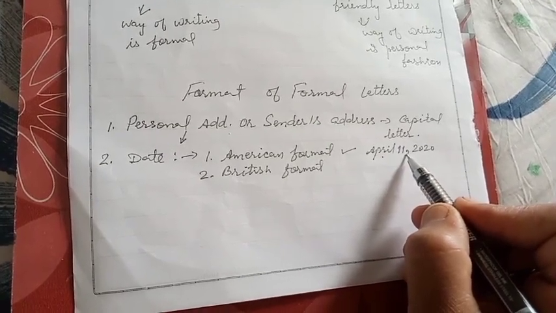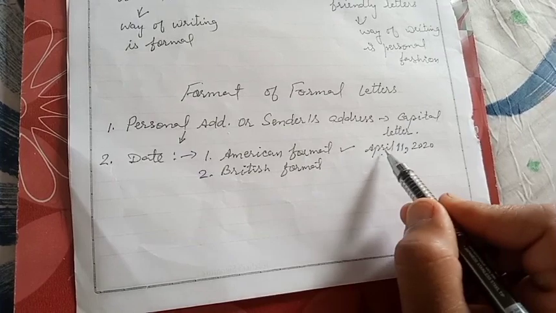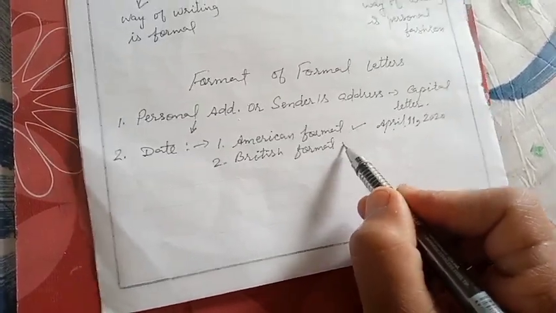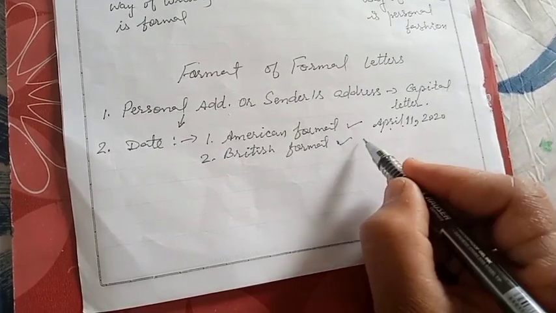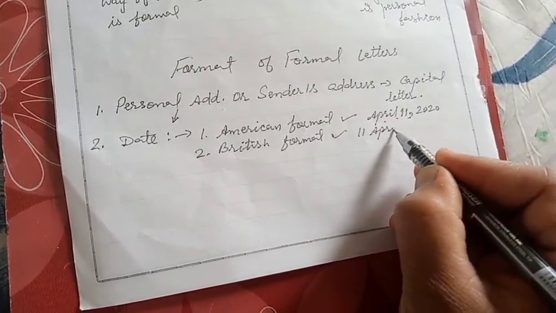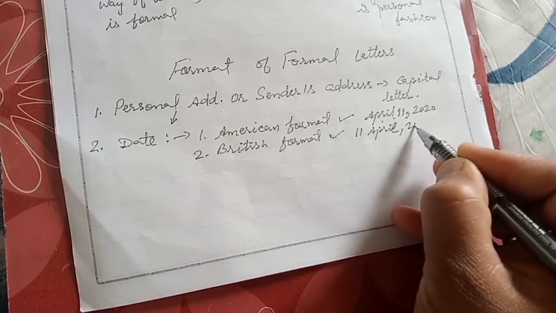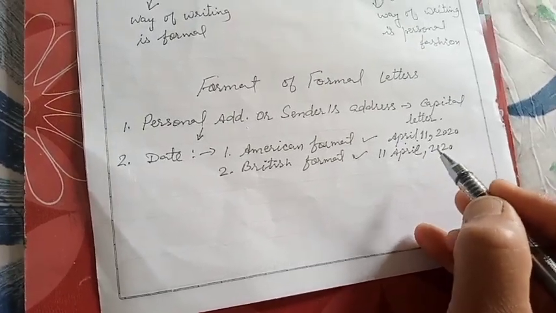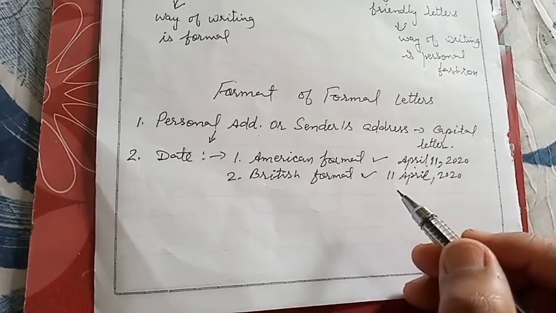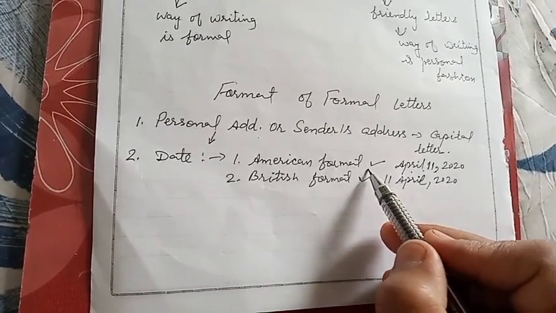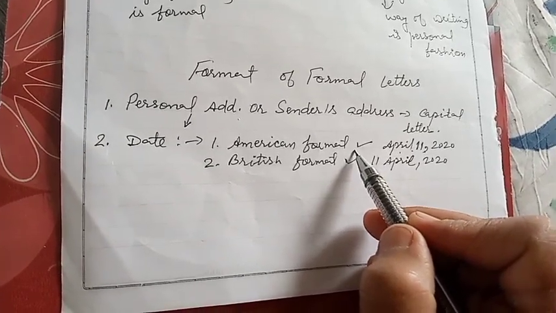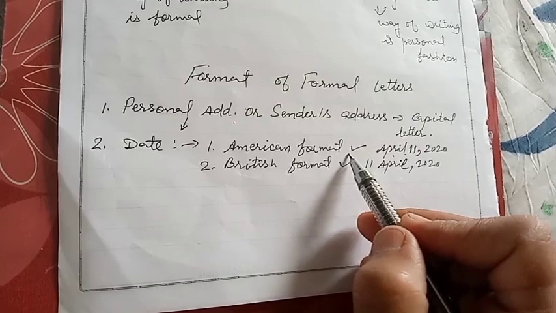In British format, we write the date before the name of the month and then the year. You can follow either format, but preference is given to American format in formal letters.